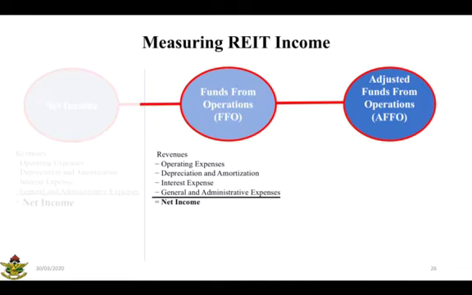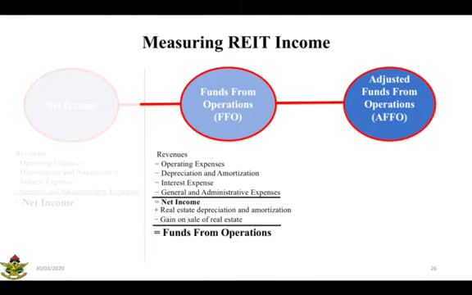Gains on the sales of properties are one-time events and not a component of recurring cash flow. Therefore, to calculate funds from operations based on net income, depreciation is added and one-time gains from sales of property are deducted. The result is an approximation of core cash flow earned by the REIT.